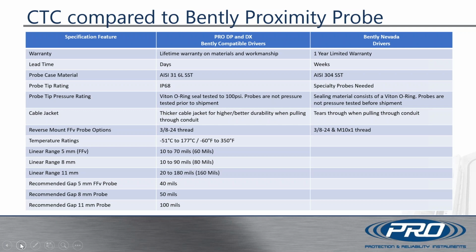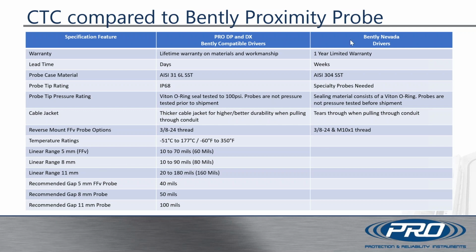Another offering the CTC brings to the proximity probe field is that all of our products come off the shelf IP68 rated. With Bentley Nevada, you will need to pay an upcharge to get your probes rated IP68. Our probe tip pressure rating has a Viton O-ring seal tested to 100 psi.